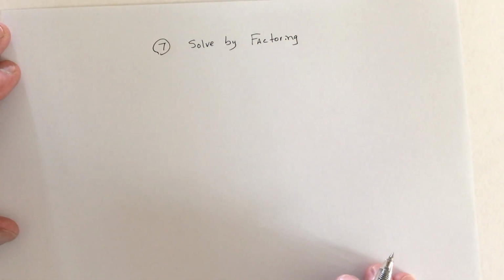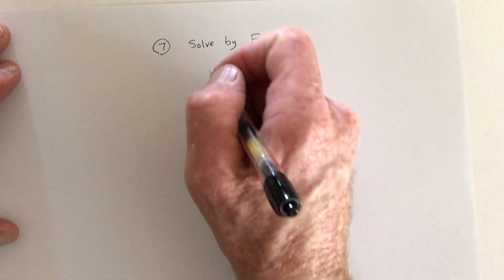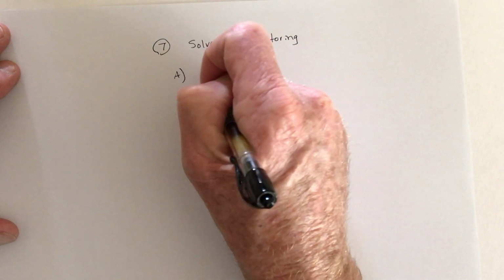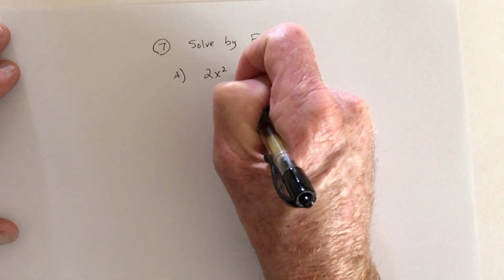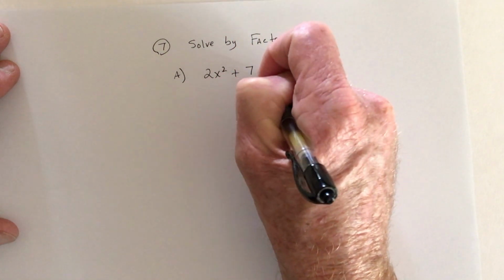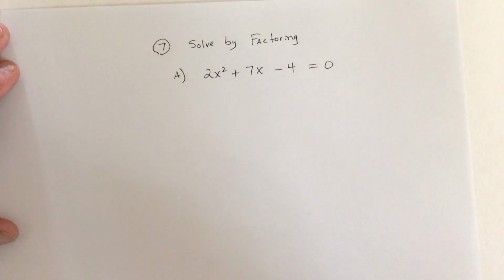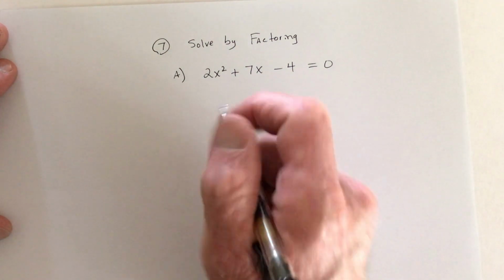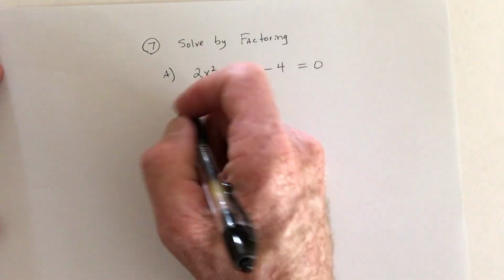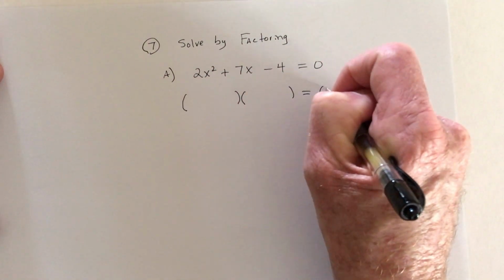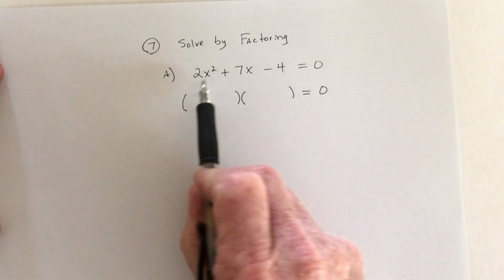So the first one is solve this equation by factoring. And part A is going to be 2x squared plus 7x minus 4 equals 0. And then factor that. Or in other words, what were the two things that were multiplied that when somebody multiplied it out, they got this?